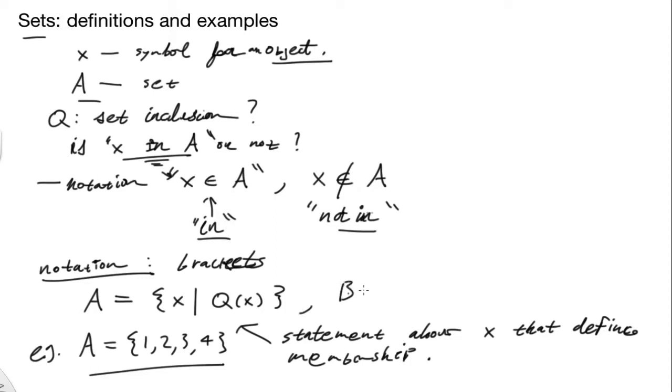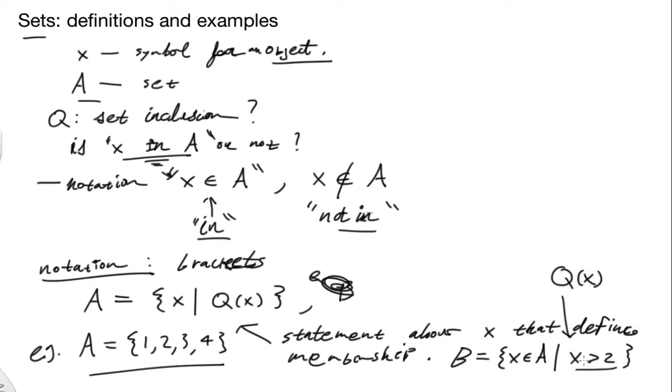We can say that B is equal to the set of objects X that were in A, but subject to the condition that X is greater than 2. So that statement there, that's our Q of X right there. And this is some conditioning statement. Of course, we can also write B is just going to be equal to 3, 4. That's another way to write the same thing.